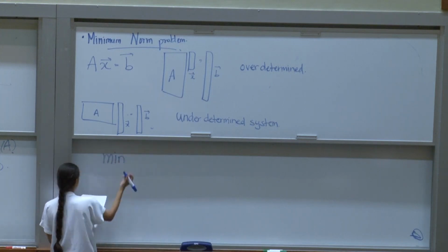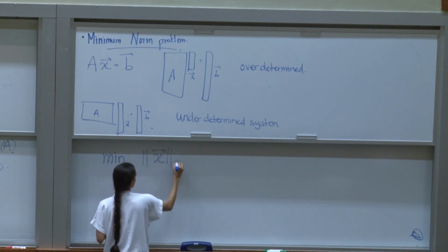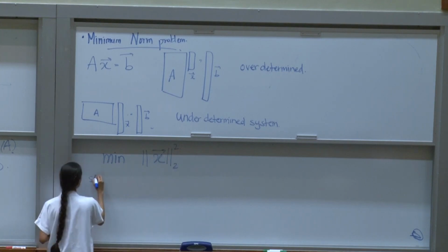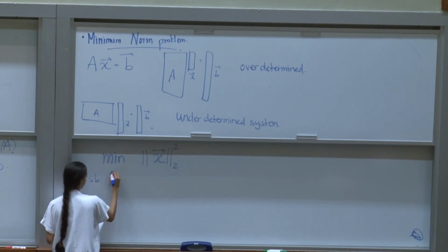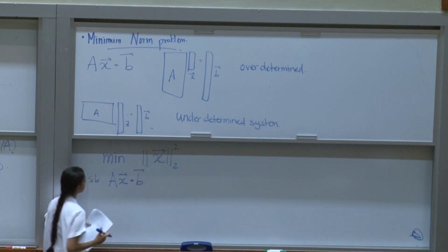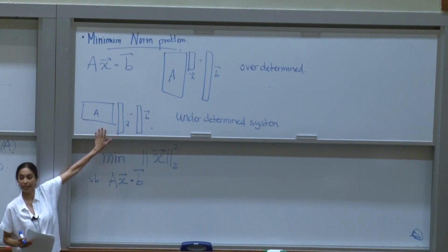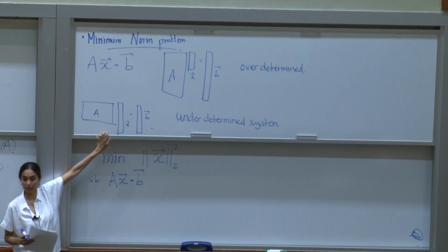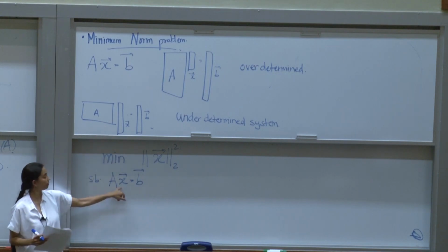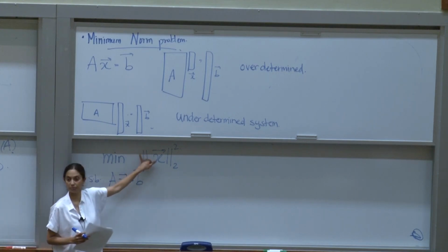Minimize the 2 norm of x subject to Ax is equal to b. So I want to say that of all of the infinitely many solutions that are available here, find that solution that has the smallest 2 norm. Okay?